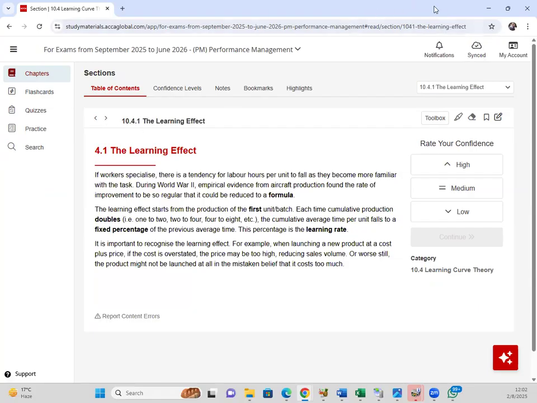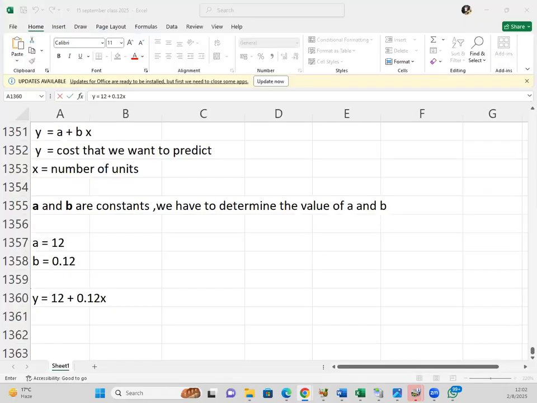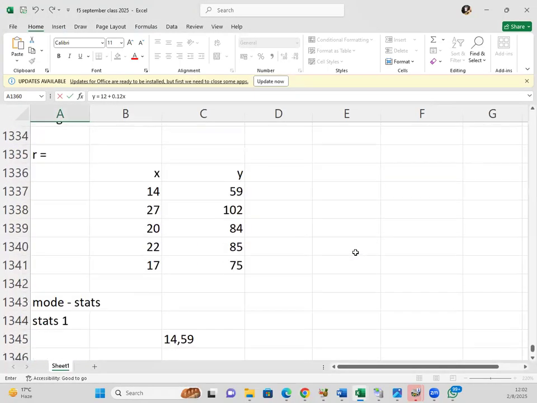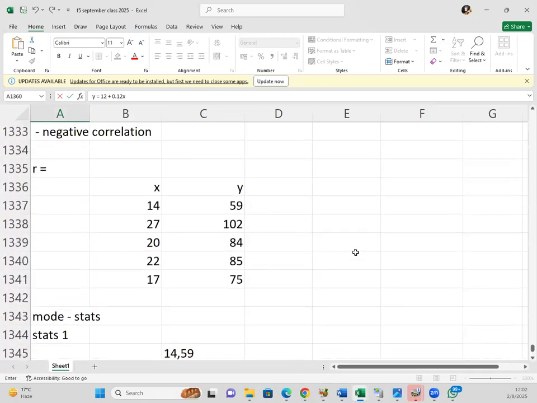Okay, so for these models, especially regression and correlation, the first thing that you need to go and master is to feed the data in the calculator that you are going to use in the exam.